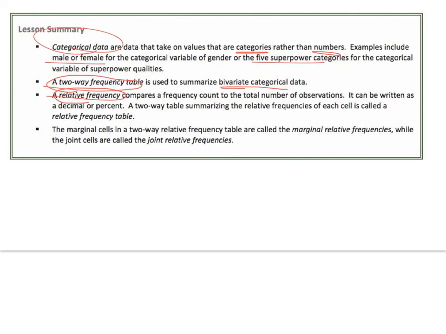A two-way table summarizing the relative frequencies of each cell is called a relative frequency table. The marginal cells in a two-way relative frequency table are called the marginal relative frequencies, while the joint cells are called the joint relative frequencies. One is shaded, one is not. I'm sure you've written down which one is which.